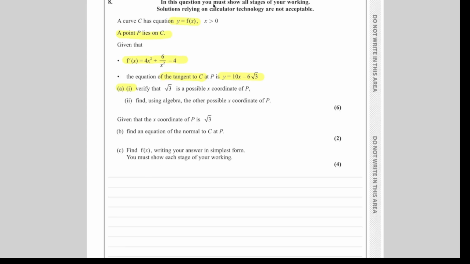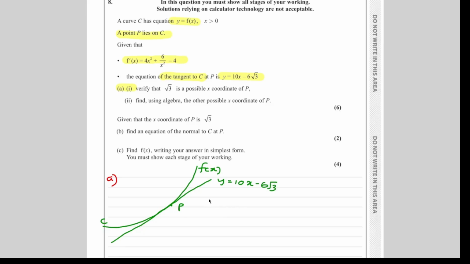Right, let's do part 1. So there's a curve which is f of x. The equation of curve C is given as f of x and there's a point P and there's a tangent. The equation of the tangent is given as y equals 10x minus 6 root 3.